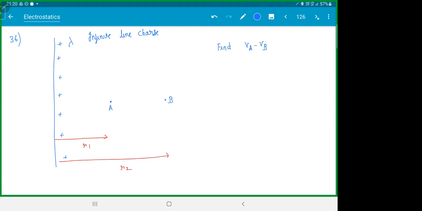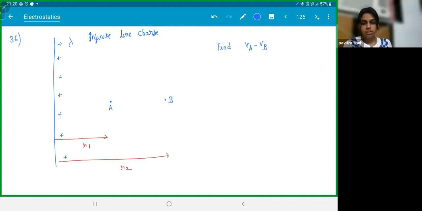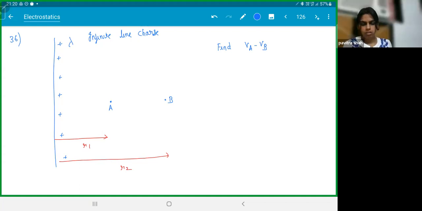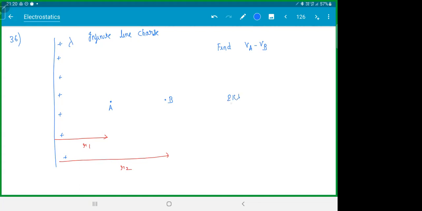What is the formula? Field due to infinite line charge is 2k lambda by d, or 2k lambda by r. Same thing. D is the perpendicular distance from this. You guys didn't revise. Everyone else, solve.